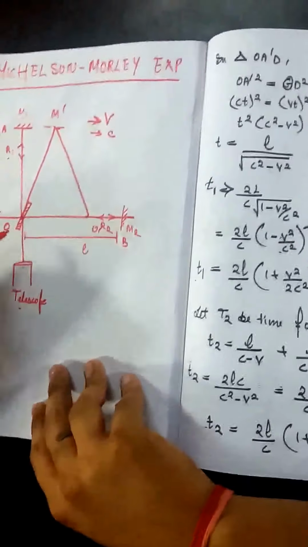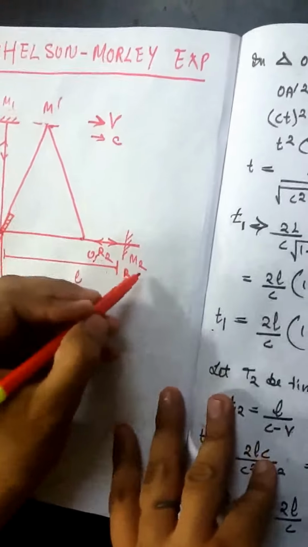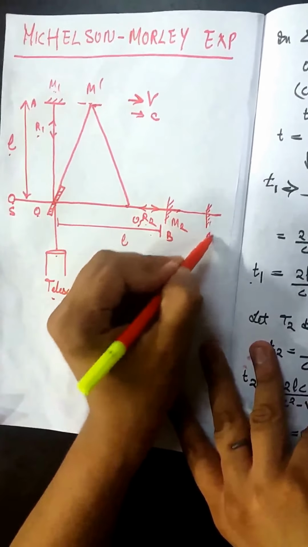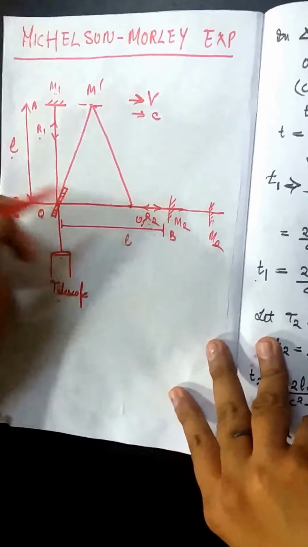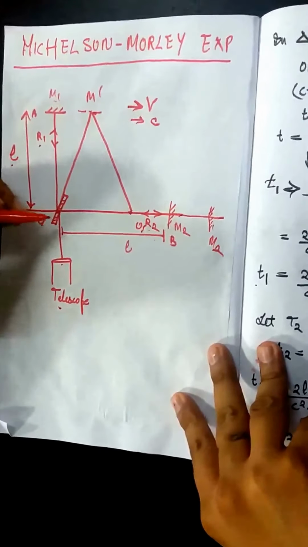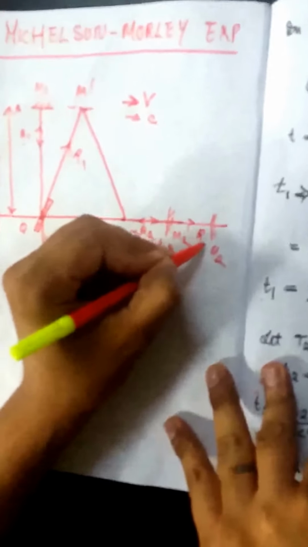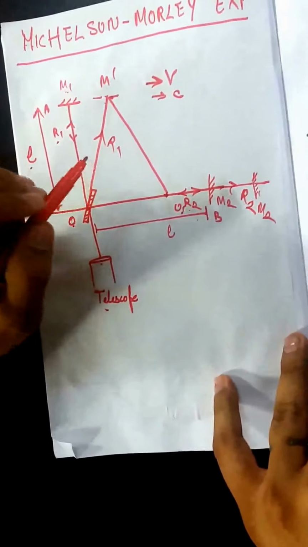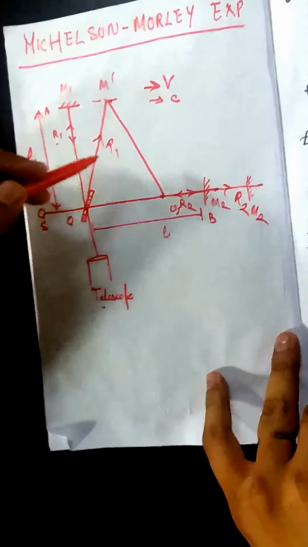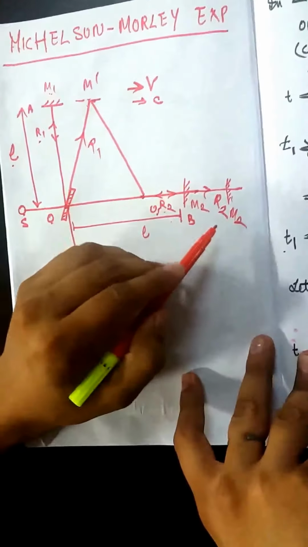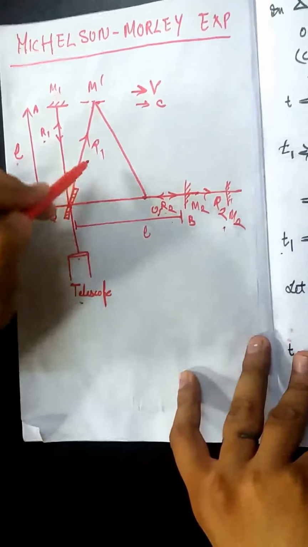By that time O will also be shifted to O dash, and M2 will be shifted to M2 dash. So now both these rays R1 and R2 will not travel equal distances. One of them will have to travel a greater distance. In this case, R2 will travel a greater distance than R1.